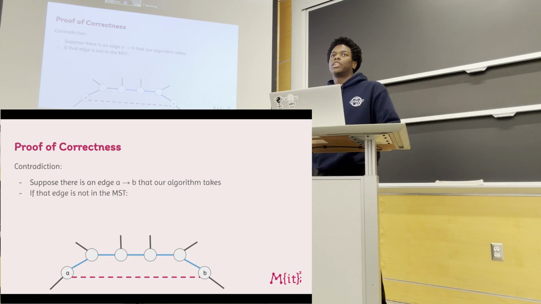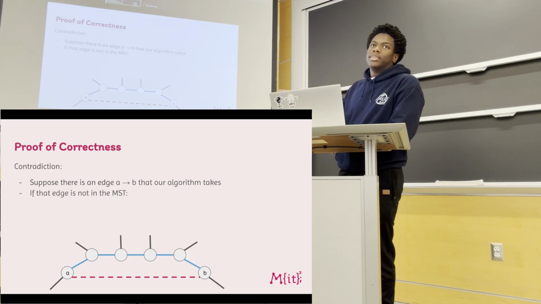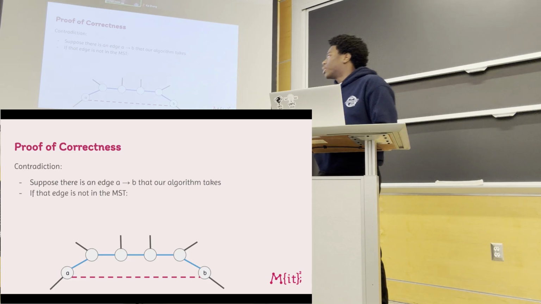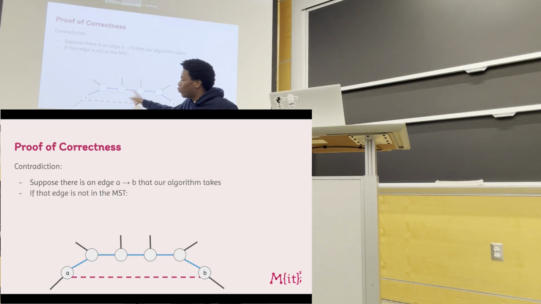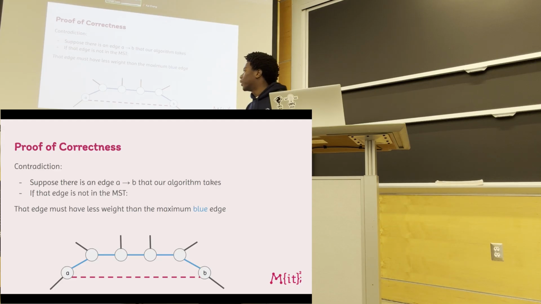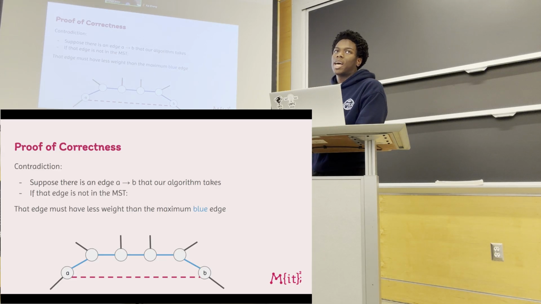But in that case, since we added the edges in sorted order, that means we would have added all those edges to our construction from earlier. But since we do a connectivity test, this blue path would have meant that we wouldn't have added this edge, since A and B are connected here, which means it's not possible for us to add an edge that isn't supposed to be in the MST, assuming the edges that we previously added were in the MST.